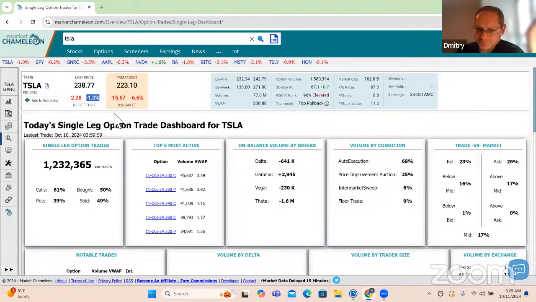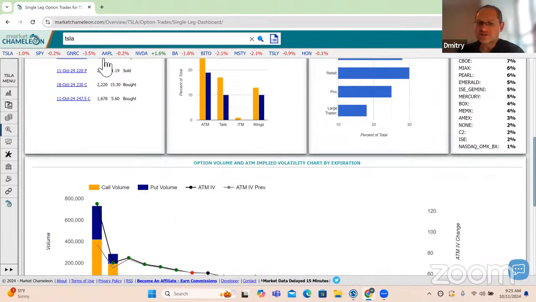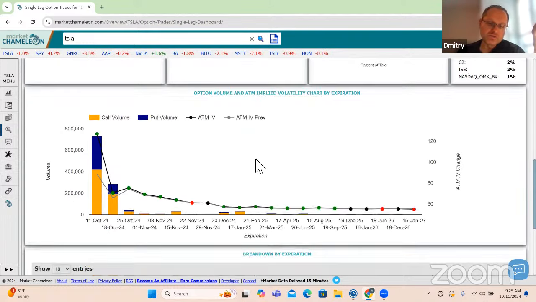But we know options are derivatives, right? What that means is that the option price will move along with the stock price. If you have a call option, which has a positive delta with the stock, it correlates. So the call prices are moving up with stock prices, moving down with stock prices, puts are the opposite.